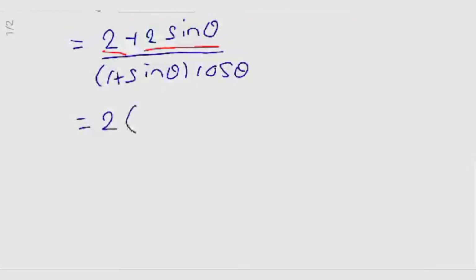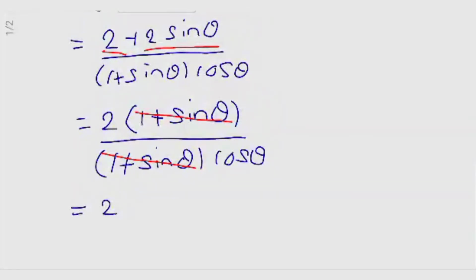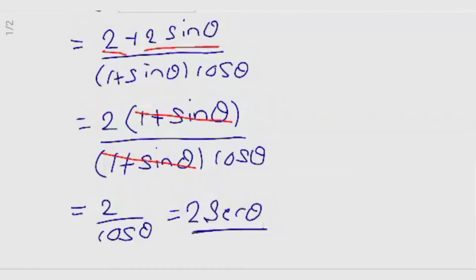So 2 comes outside, meaning 1 plus sin theta, and this divided by 1 plus sin theta cos theta. Now here 1 plus sin theta, 1 plus sin theta get cancelled. So here we got 2 by cos theta. So 2 by cos theta we can write 2 into sec theta, because we know that 1 by cos theta is sec theta, so it is our RHS.